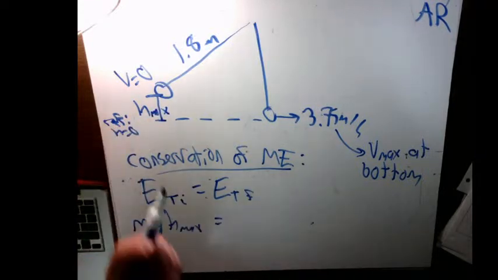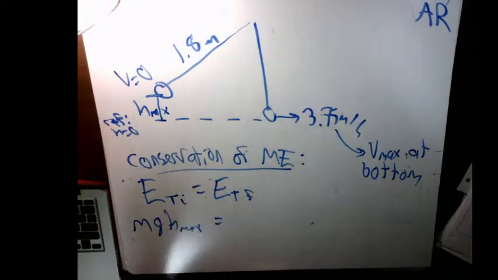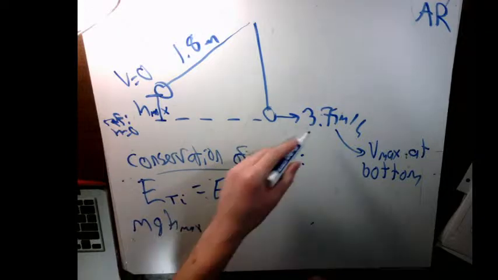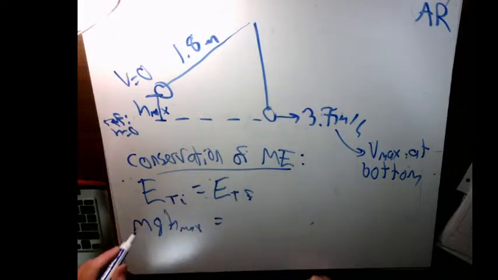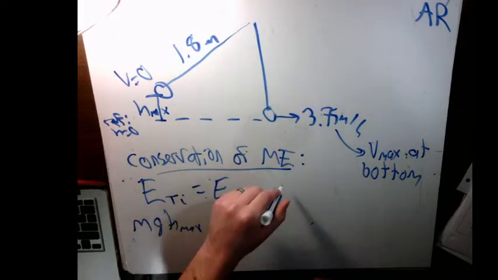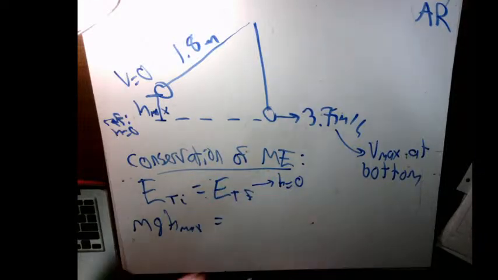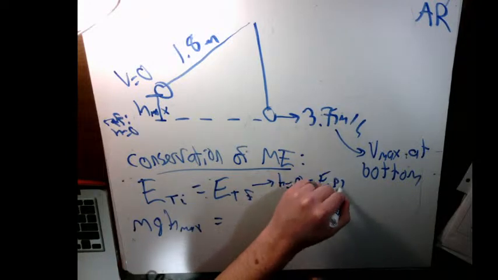Because that's what the question wants us to solve for, the maximum height this pendulum reaches. And at the end, our final mechanical energy, we have 0 height, so 0 EPG, potential gravitational energy.